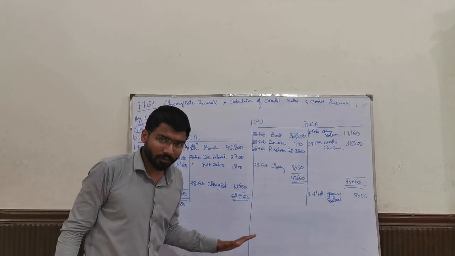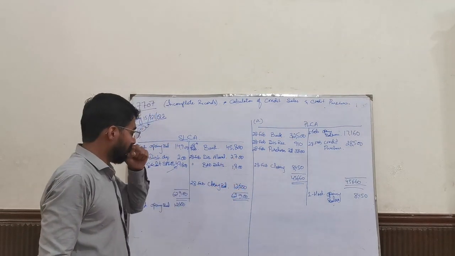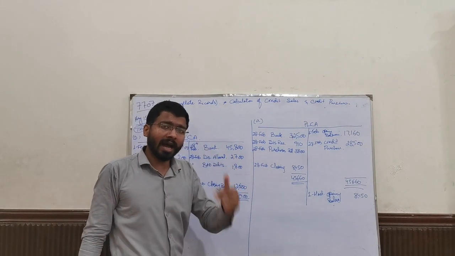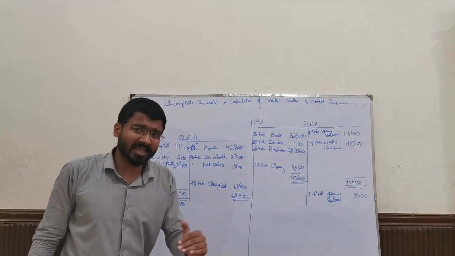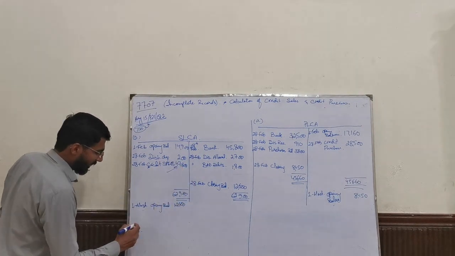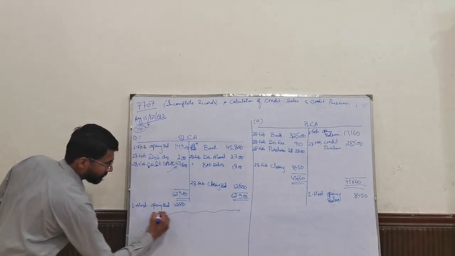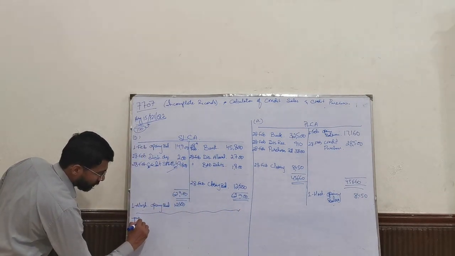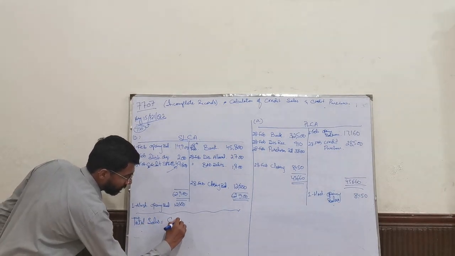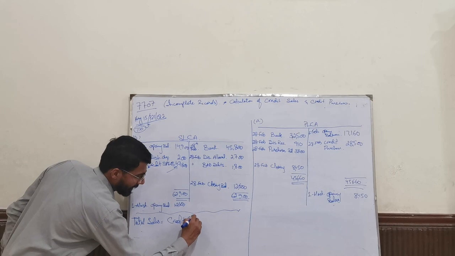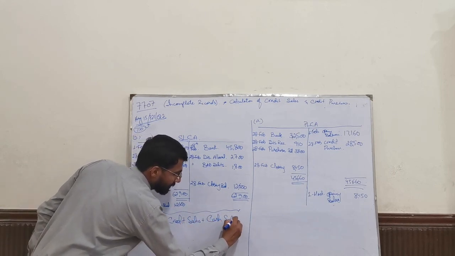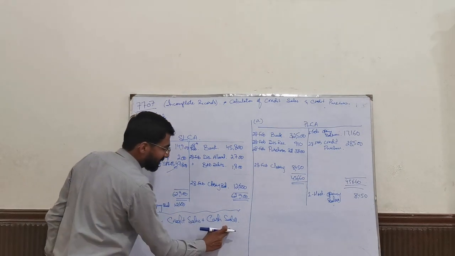But the question doesn't end over here. The requirement is that you have to calculate the total sales for the period. This is the credit sales. How do I find the total sales? Total sales equals credit sales plus cash sales.